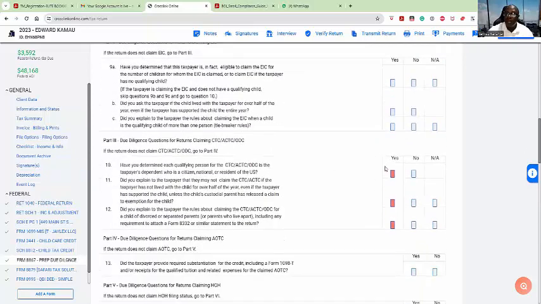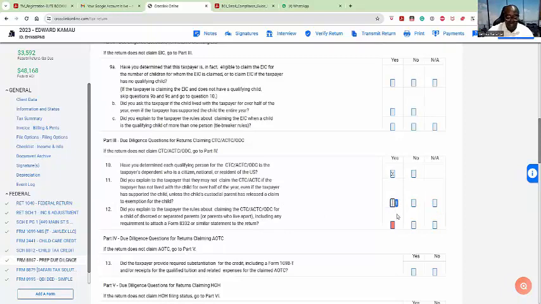Okay. So have you determined each qualifying person for the CTC, ACTC, ODC is the taxpayer's dependent who is a citizen, national, or resident of the US? Yes. Okay. Then number 11, did you explain to the taxpayer that they may not claim the CTC, child tax credit, advanced child tax credit, if the taxpayer has not lived with the child for over half of the year, even if the taxpayer has supported the child, unless the child's custodial parent has released a claim to the exception?